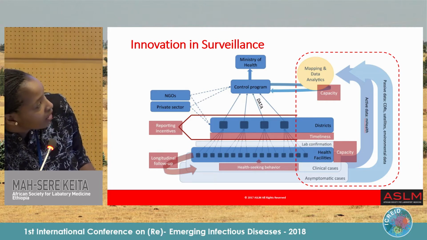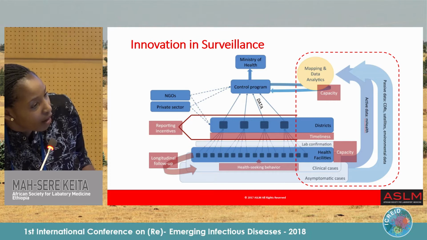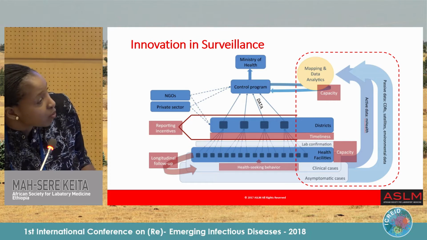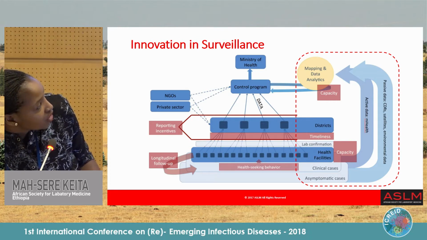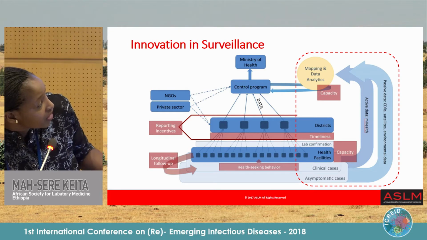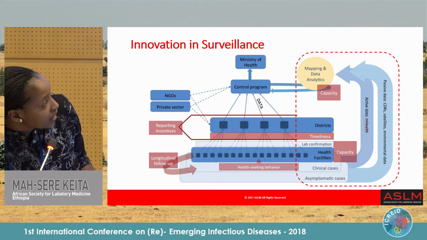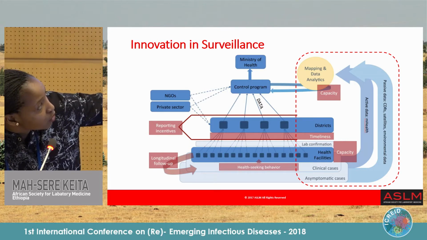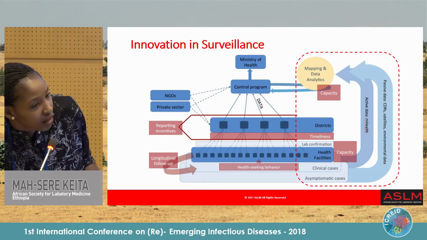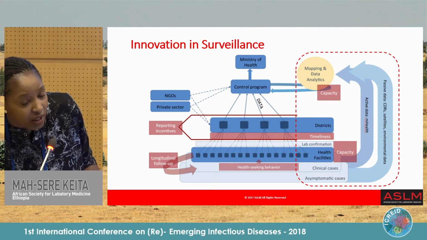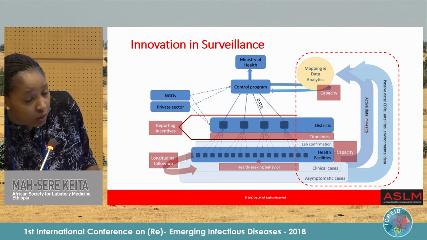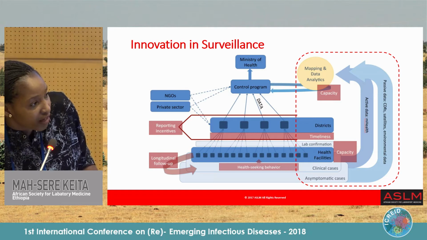And when we're talking about innovation in surveillance, it's when there's an important outbreak happening that the information flows more quickly, from even the asymptomatic cases or the clinical cases, to the level of the Ministry of Health, so that reporting can be done at a regional or international level at a faster pace.